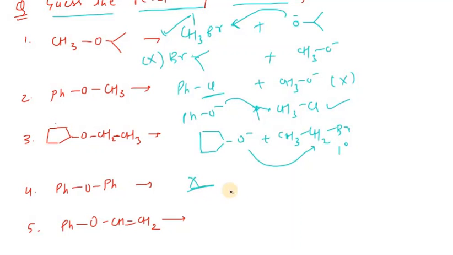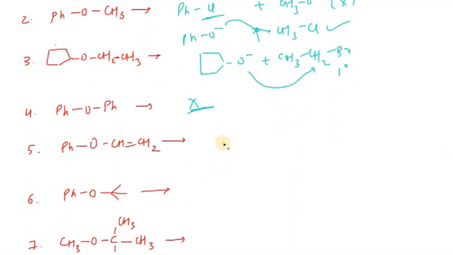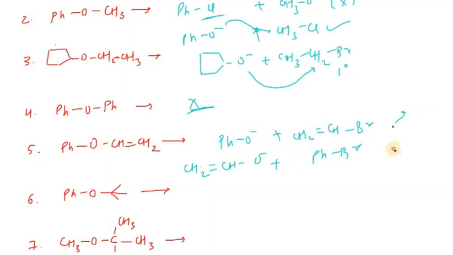We know this will not proceed towards Williamson ether synthesis. And this is also not formed by Williamson ether synthesis, because in both cases you will see resonance. Here also, if we talk about PhBr and CH2 double bond CH and O minus, in both cases it will not proceed through Williamson ether synthesis.